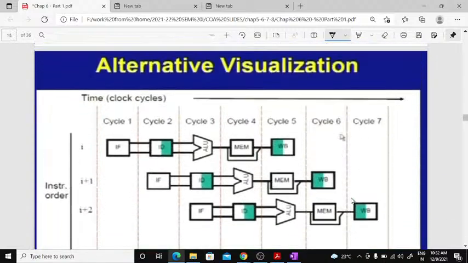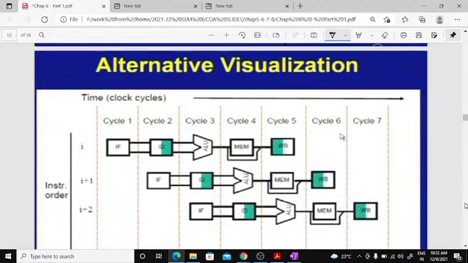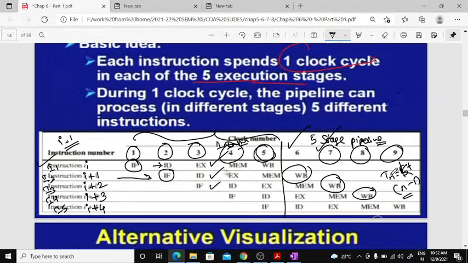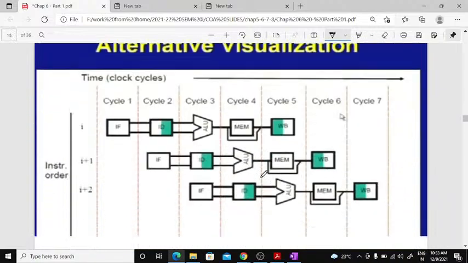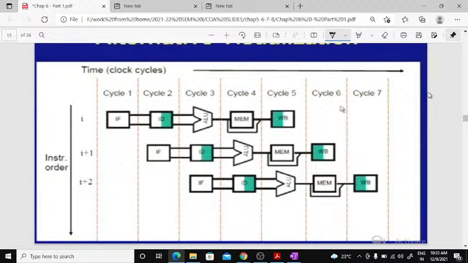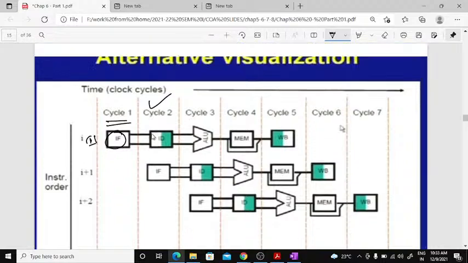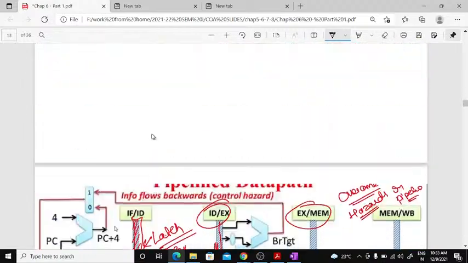Okay, so this is an alternative visualization of what we discussed; the same thing is represented here. Suppose you consider it as I1. In cycle 1 it is in the instruction fetch stage, and in cycle 2 it is the instruction decode and read. What is the second stage?